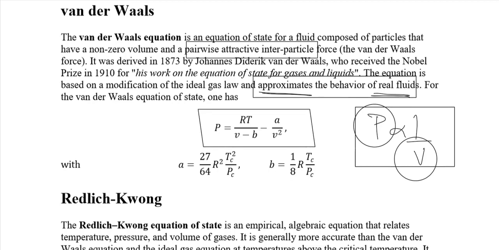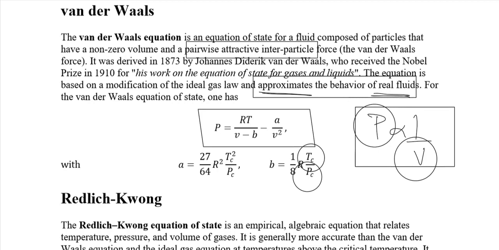The van der Waals equation is something like this: P equals RT over (V minus B) minus A over V squared. In that case, A and B are the variables we need to calculate. Let's check this one: we have Tc and Pc in this equation, that means the critical temperature and critical pressure.